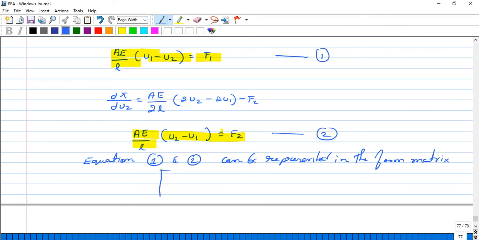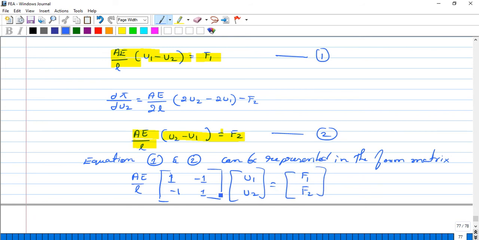We shall consider u1 and u2, and AE by L as a common factor, I will take it outside. I have u1 and u2, so the coefficient is 1 and minus 1, and for u2 it is 1, u1 is minus 1, multiplied by u1 u2, that is equal to f1 f2.